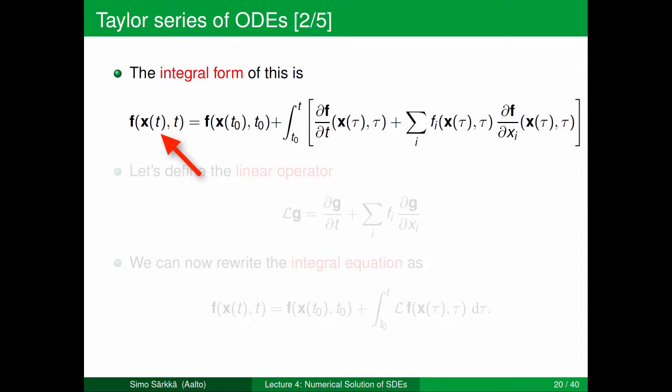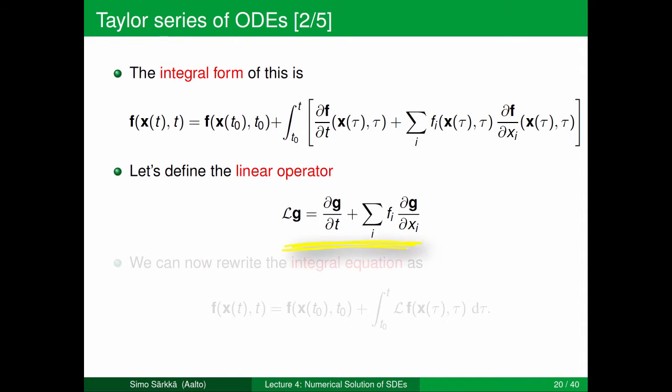If we now integrate both sides of this equation, we get the following. So f at x t, t is equal to f at x t0, t0 plus the integral from t0 to t of the partial derivative of f with respect to time plus the summation of f_i times the partial derivatives of f with respect to x_i. We can now simplify the notation by defining an operator like this, which is going to replace the two derivative operations on the right hand side of the equation.